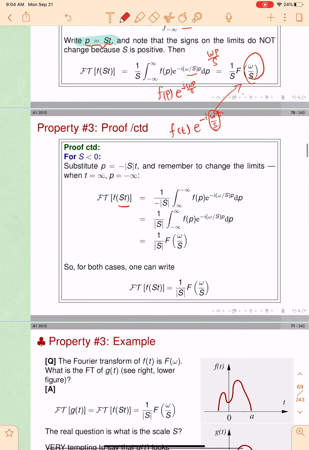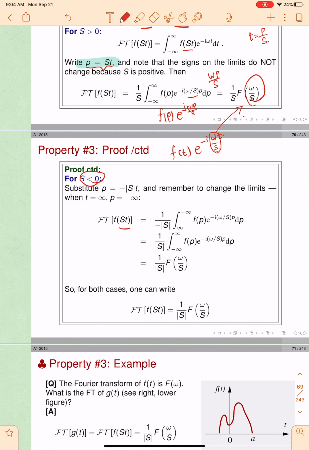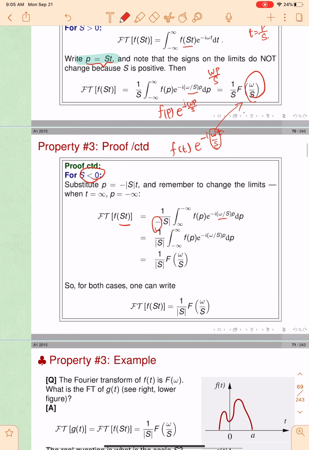So this is when s is smaller than 0. Similar thing happening here. And because of the minus sign, we swap the integral limits. And finally, you will get this expression after flipping around the limit.